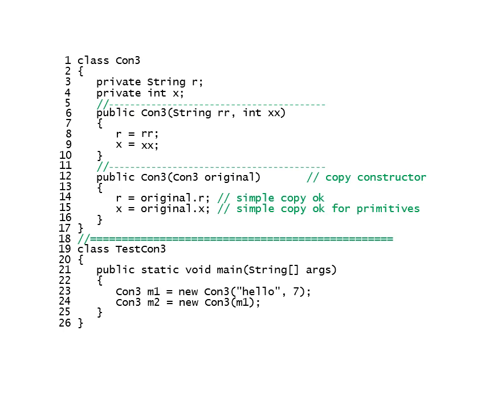Okay, but this is a copy constructor that creates a deep copy, and the reason why is that a string object is immutable. You cannot change it.